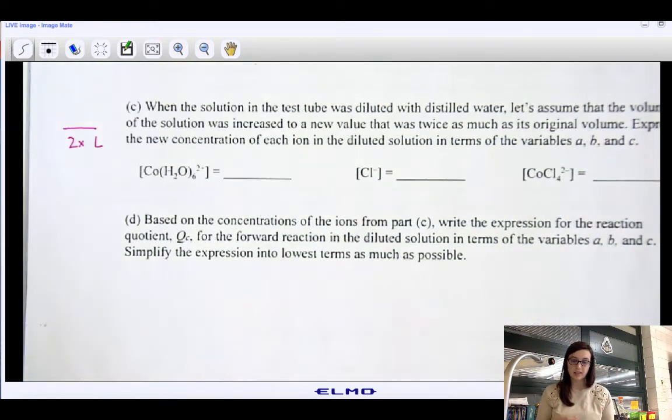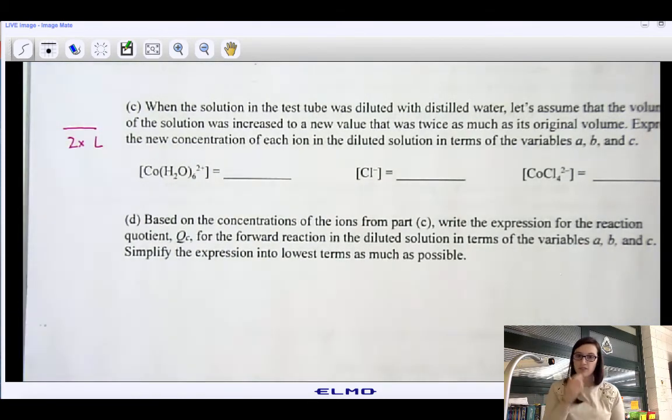It needs to make more products to get back to equilibrium. If Q is greater than K, it's going to shift toward the reactants, because you need more reactants to reestablish equilibrium. So really this is focusing on Q versus K, and look at that fraction that's involved in Q. Remember, to be at equilibrium, Q needs to equal K.